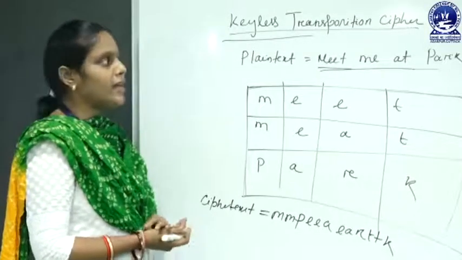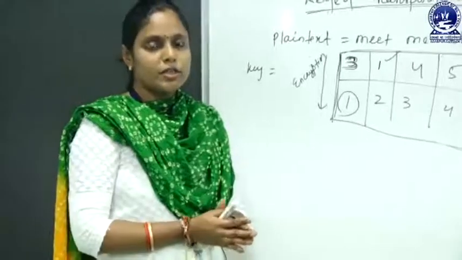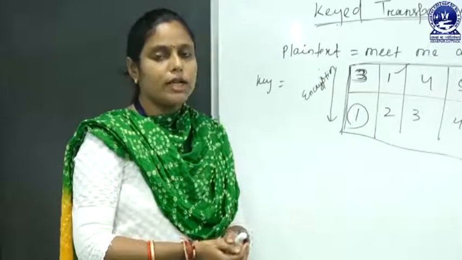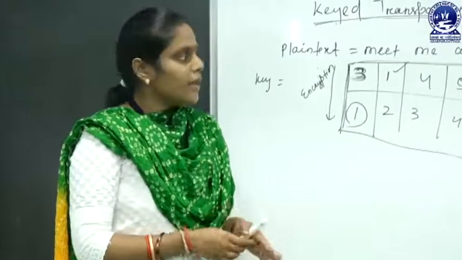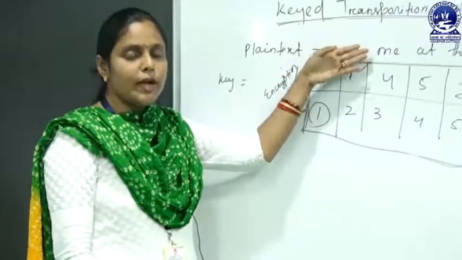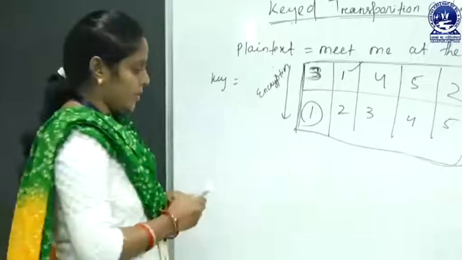Then next, the keyed transposition cipher. In the keyed transposition cipher, first of all we have to divide the plain text into fixed size blocks. In this example, I am going to divide this plain text into 5-character blocks. Now look at the blocks of plain text.